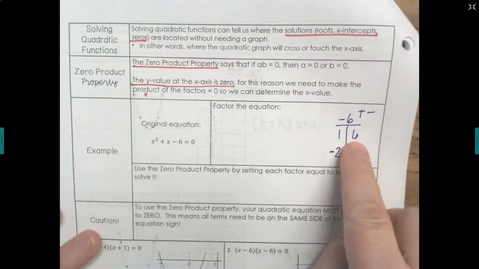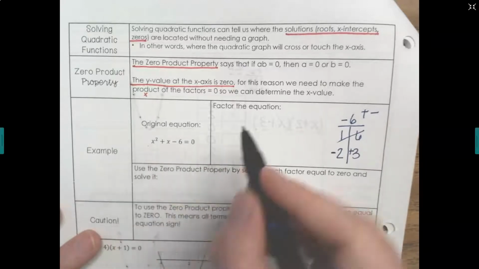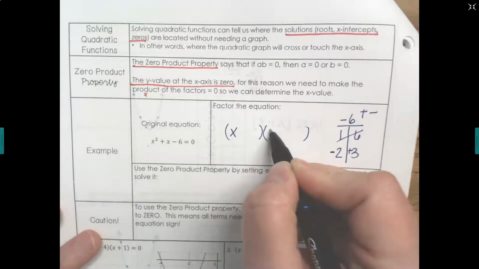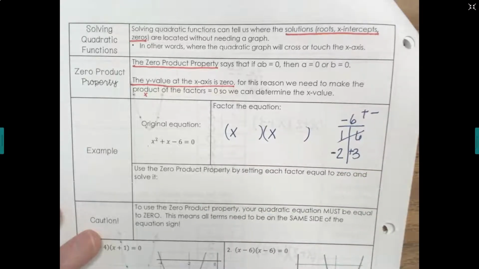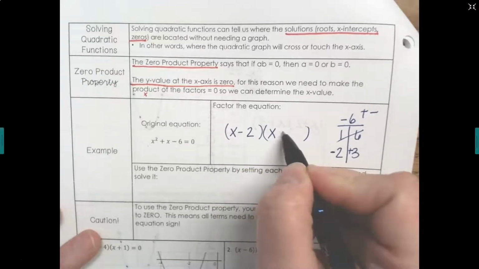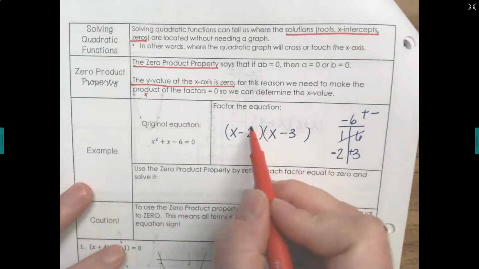I can't get to a +1 with the other pair, so it can't be that one. This is an a is 1 problem, which means we can jump straight to the parentheses because there's only one way to split the x squared. And then we have a -2 and a +3. Okay, so what we have here is we have two factors.